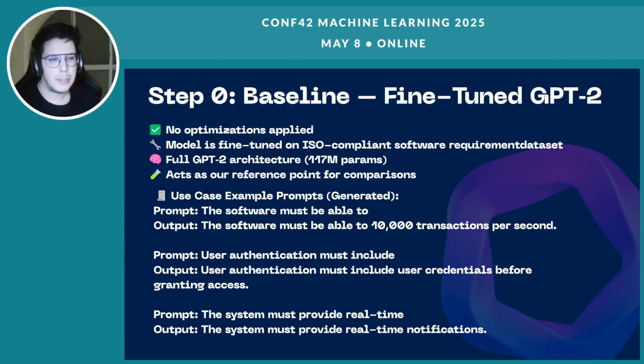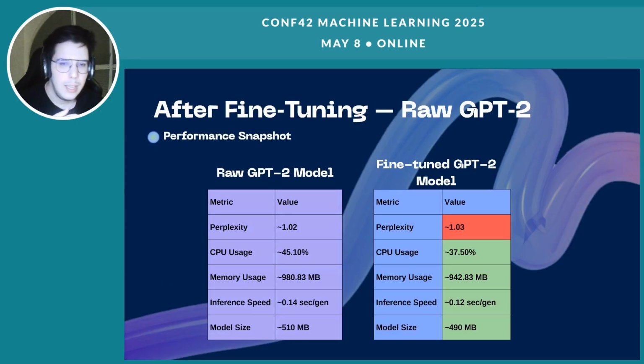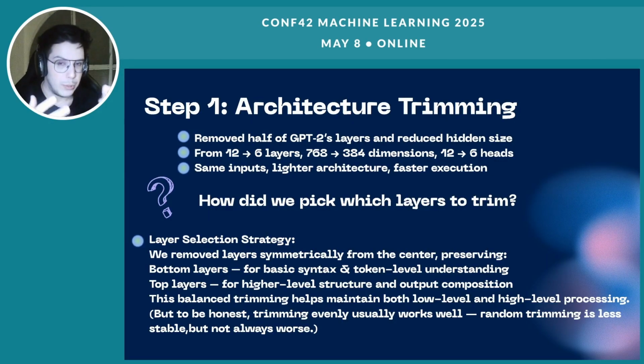So that's, I would say, our reference point. With the fine-tuned model, everything got better. Only perplexity got a little bit worse. I would say perplexity values from 1 up to 1.5 are really solid and will provide you with good model quality, visually at least.